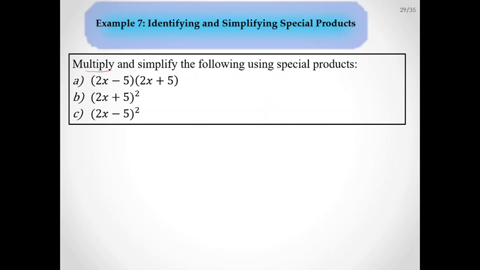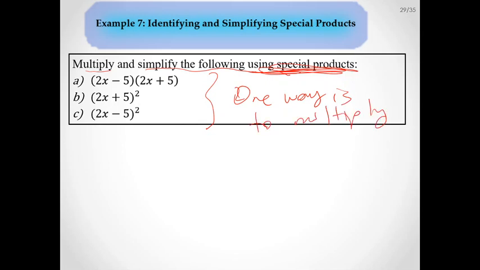Okay, multiply and simplify the following expressions using special products. Here, you can directly multiply, okay? One way is to multiply directly.